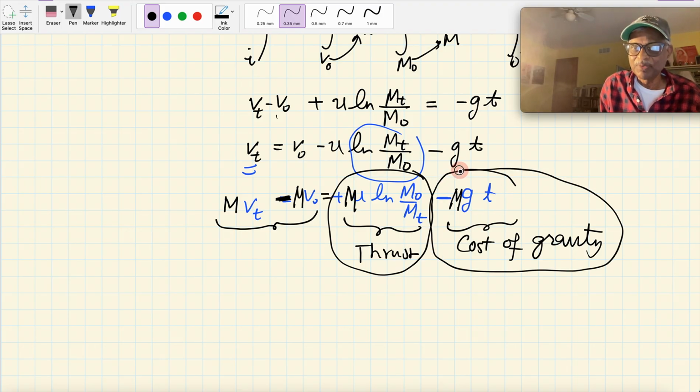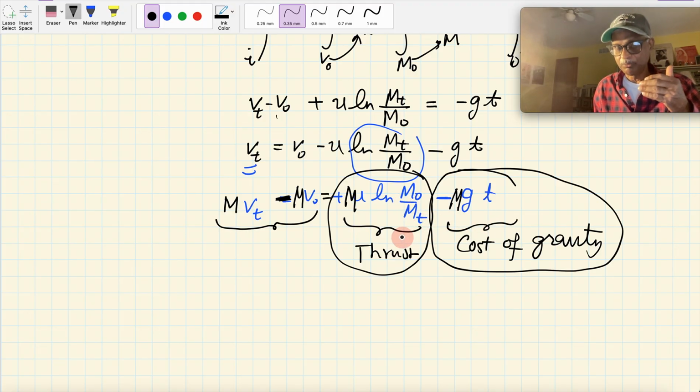Some of the fuel burnt will go towards overcoming the gravity, so if this wasn't there, it's going to have much more momentum change, right? But because it's there, you got a little bit less momentum change, because some of the fuel was burnt for working against the gravity. So this is the negative impulse of gravity, which you have to work against to overcome it.